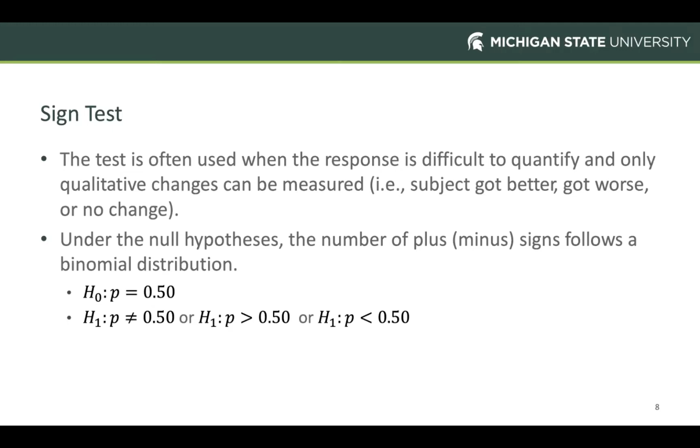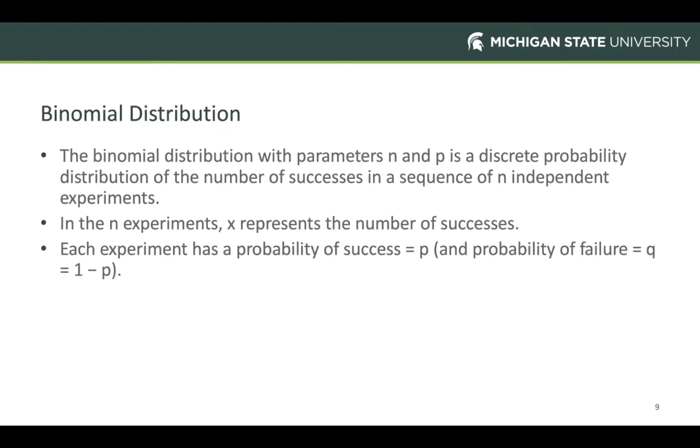And so our alternative hypotheses then, depending if we're conducting a two-sided or one-sided test, would be that that probability is not equal to 0.5, is greater than 0.5, or is less than 0.5, depending upon which direction we would presume that alternative hypothesis may lie based on the sample data we're working with, okay?